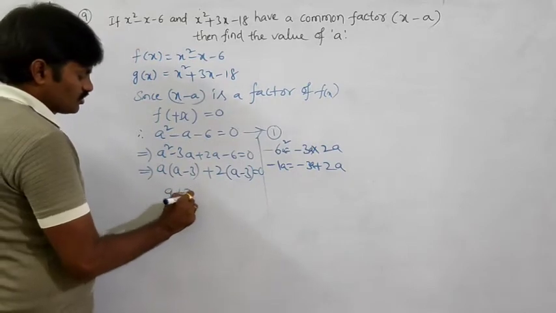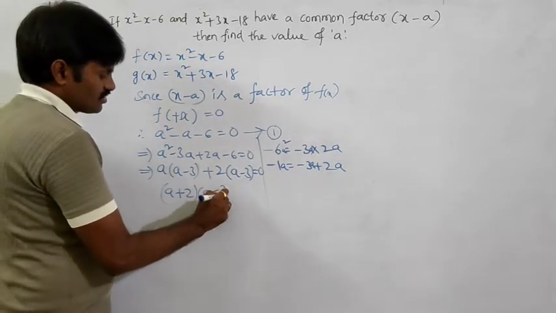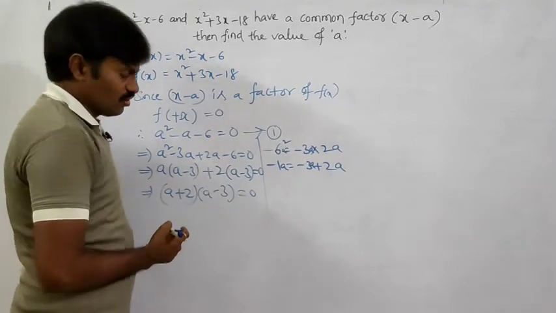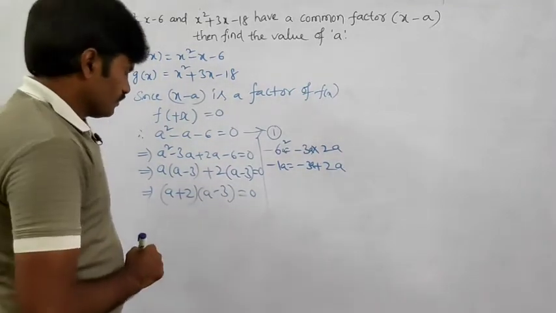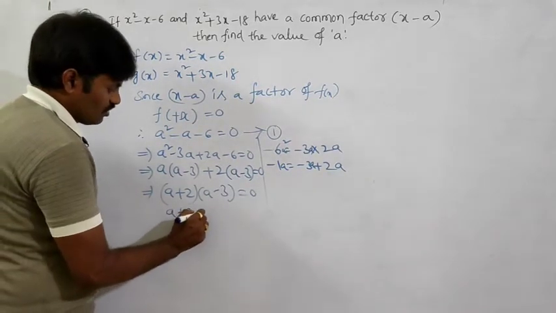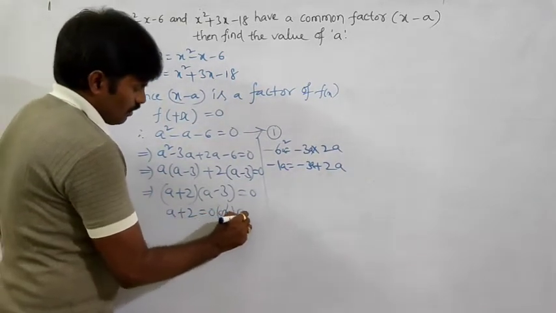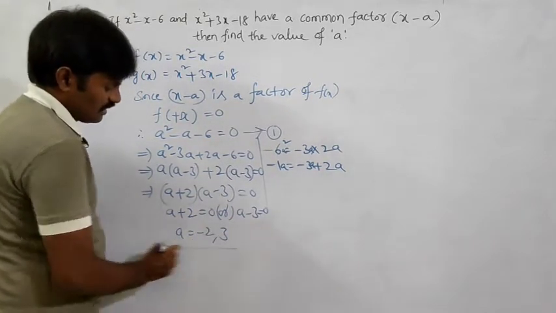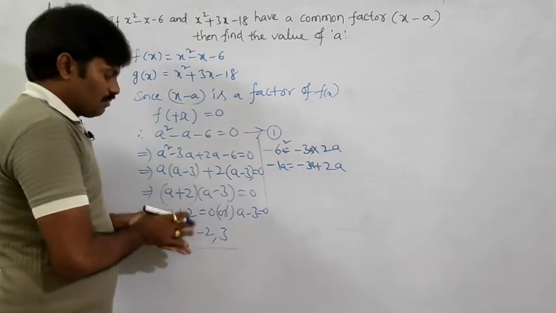So here a plus 2 into a minus 3 is equal to 0. The product of two linear polynomials is equal to 0, so either a plus 2 is equal to 0 or a minus 3 is equal to 0. So a value is minus 2, 3, but not completed.